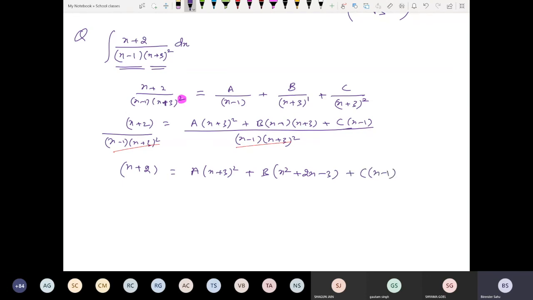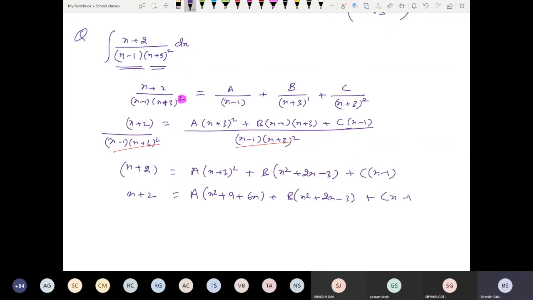Okay, so what to do now? This is nothing but a x square plus 9 plus 6x. It is not necessary to expand everything, it's all up to you.